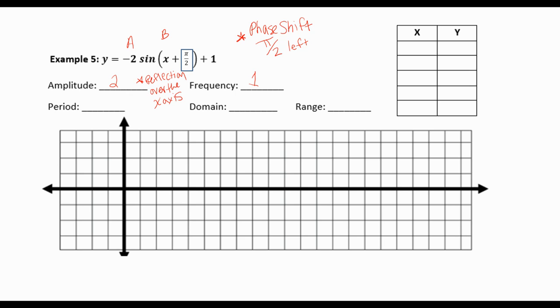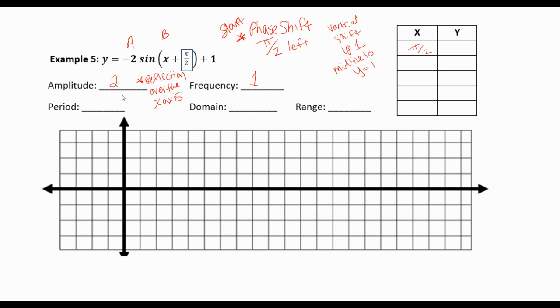This is where we start. And I can actually put that as my starting value in my table, negative pi over 2. And then we're also going to have a vertical shift up 1. That's going to change our midline to be y equals 1.